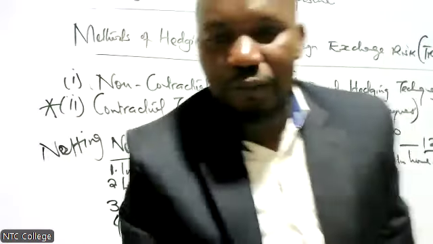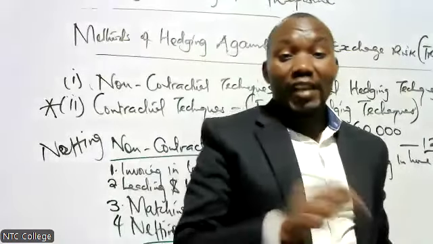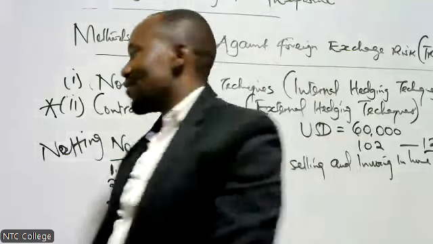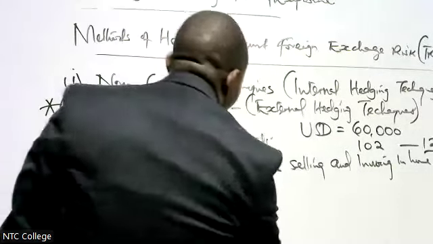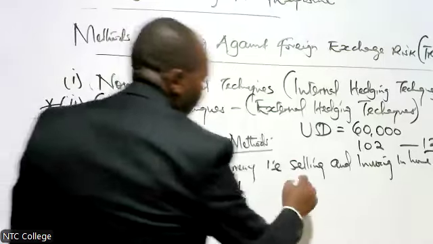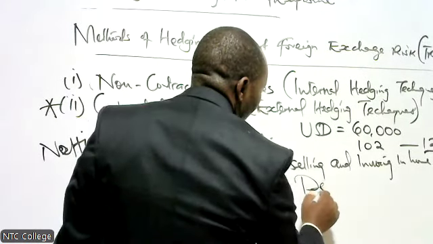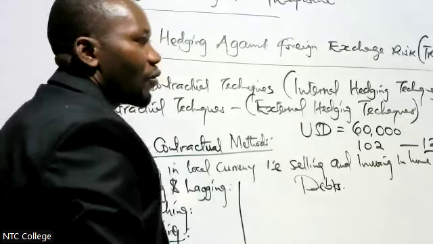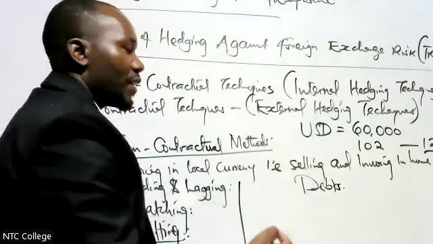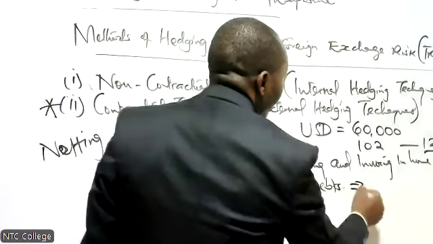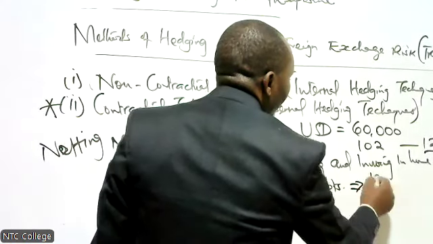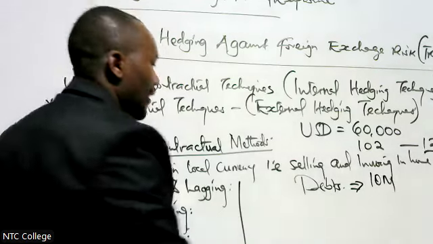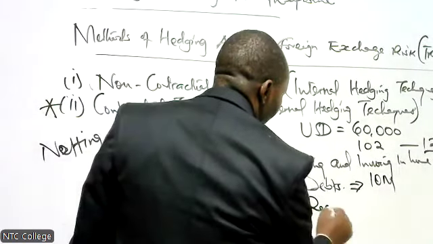I want you to understand so that when you write, you write something you have understood. Now, Topista, understand first. You have a debt in the US. But here, you also have people who are going to pay you from the US. Let's say you have a debt of 10M.